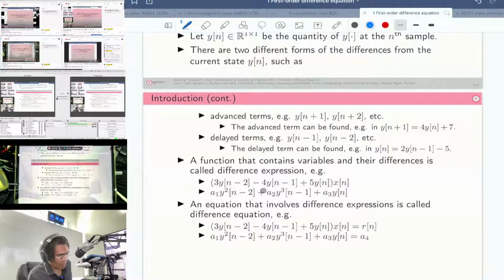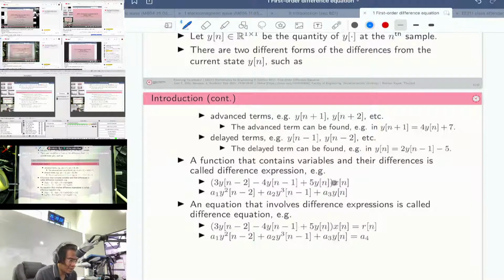Now we arrive at a more sophisticated expression. It's called a difference equation. What is that? We have the same thing here: yn minus 2, yn minus 1, and yn times x, and we still have on the right hand side rn, which might be a residual function or remaining function.